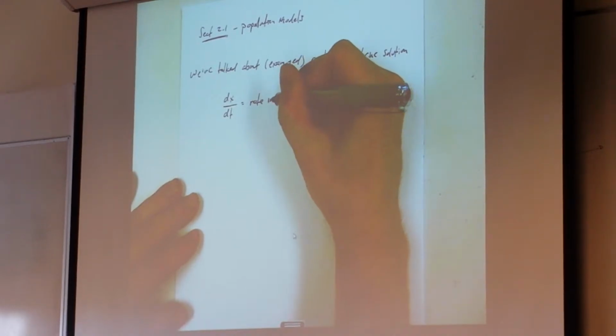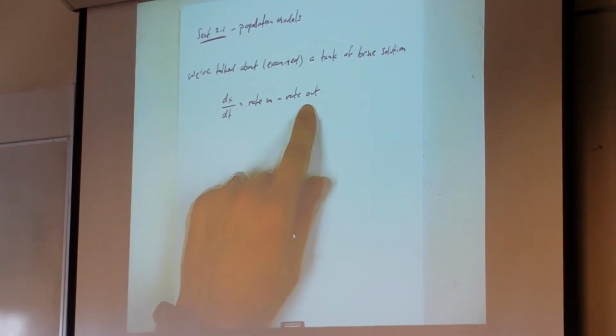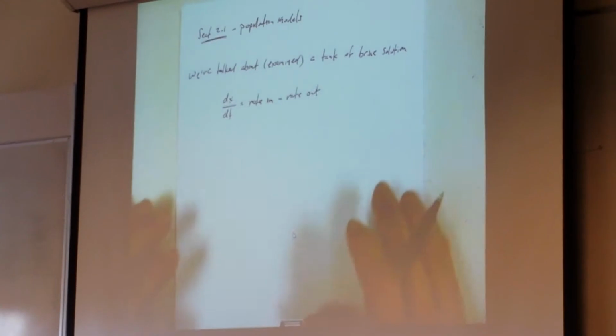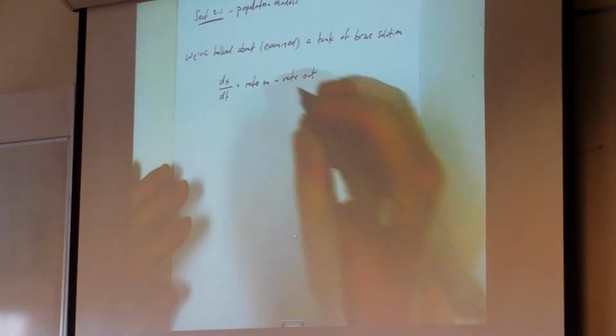Okay? And then we had to figure those in. The solution was coming in at a certain rate with a certain concentration. The mixed up solution was leaving at a certain rate at some sort of variable concentration. Now, if we talk about a population model, and there are several, population can be thought of similarly.